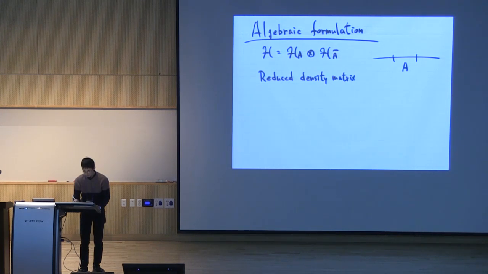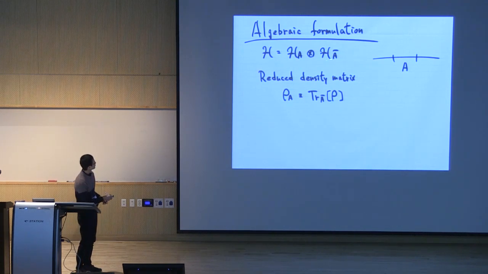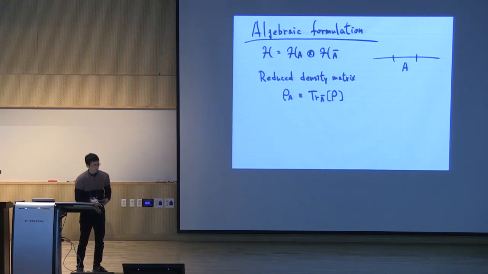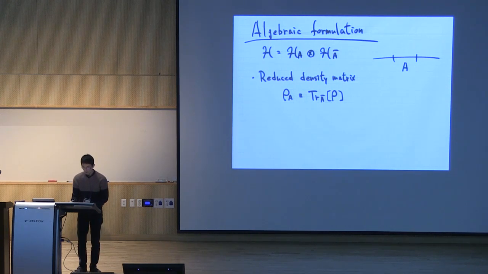So we define it very explicitly: rho_A is defined by taking a partial trace over the complement, A bar. This is, of course, one very explicit definition. But there is another characterization of the reduced density matrix.